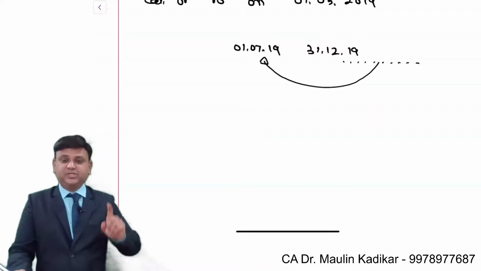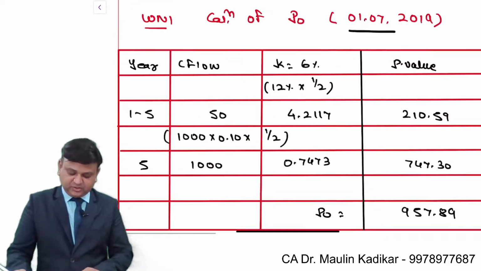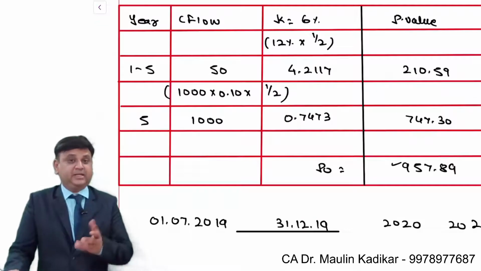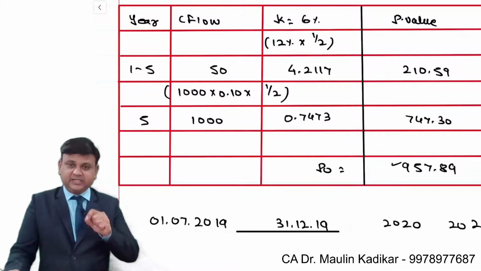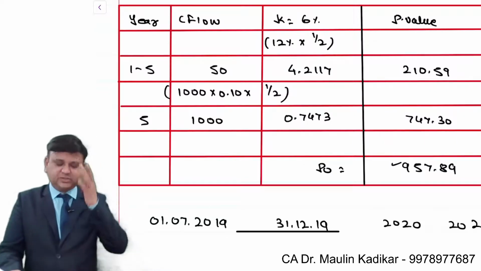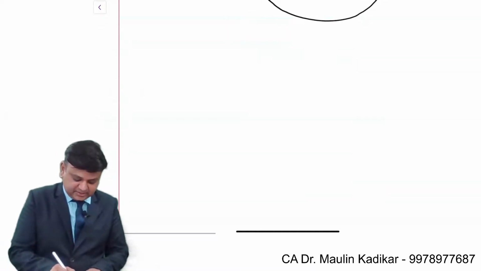So suppose the question would have been asked as what is the price on 1st of July, then the answer is ready with us. But that is not the case. The case is that you are purchasing the security on 1st of March. So we will make the computation like this.